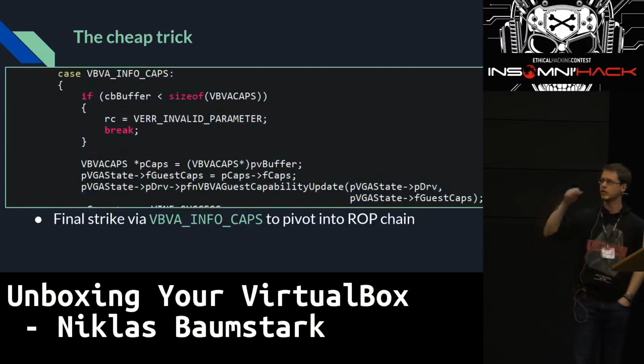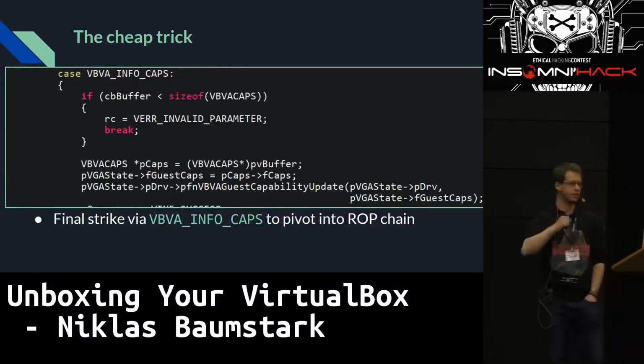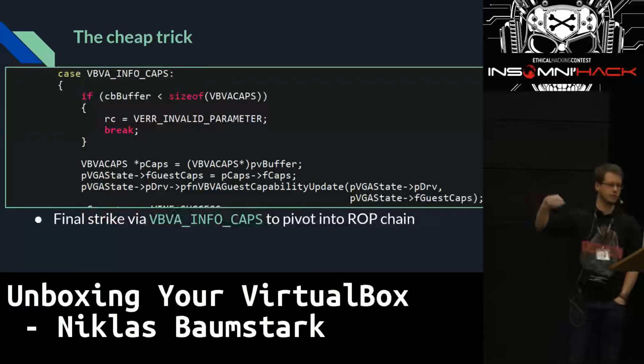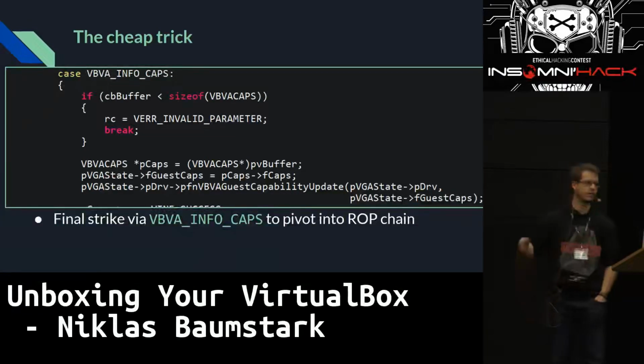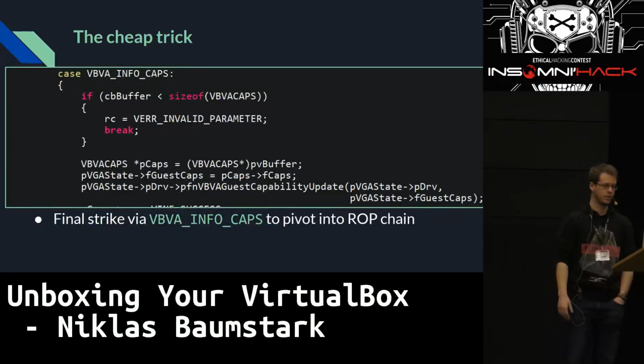There's a really good one that we can trigger via VBVA. This is code that's normally not called, so if we override this pointer, we can then trigger it. The function pointer here is called pfnVBVAGuestCapabilityUpdate. So we just override that with our own code pointer, and we pivot into a ROP chain, and then we get code execution eventually.